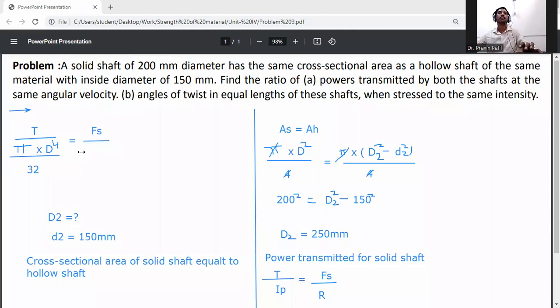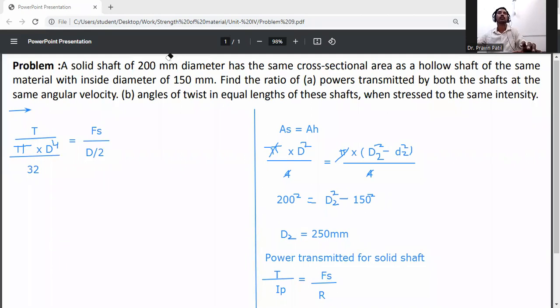So we get from this relation T is equal to pi into d raised to 4 divided by 32, into 2 divided by d, into Fs.